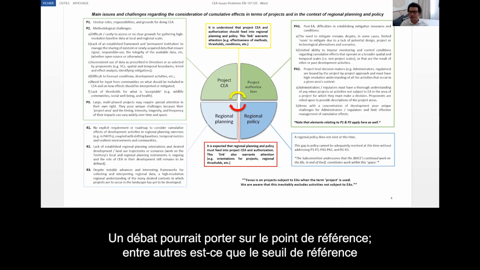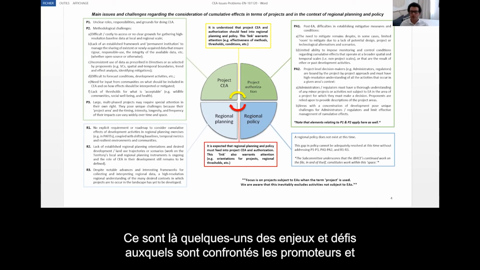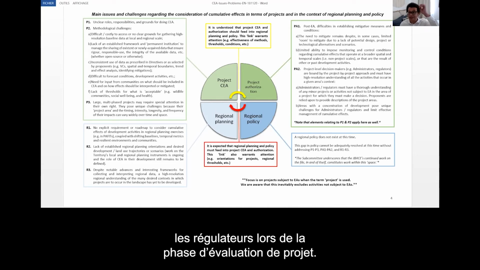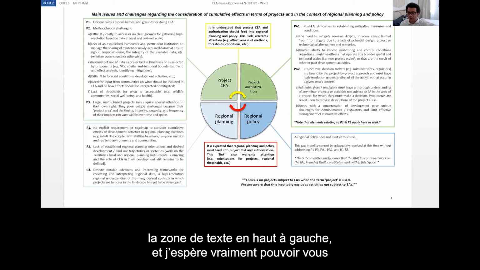Should the baseline be 1975, for example? Should the baseline be pre-1975? So these are some of the issues and challenges that are facing proponents and regulators at the project level assessment phase.